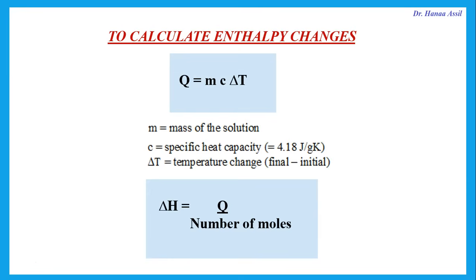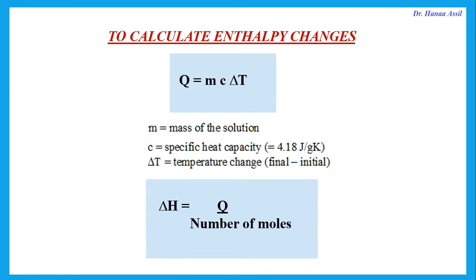And then, how do we calculate delta H? We said the temperature rise that we got, we use in Q equals mc delta T. Again, remember that m is the mass of the solution, not the solid. So this is the mass of the water we started with, and you should know that that is the same as volume.